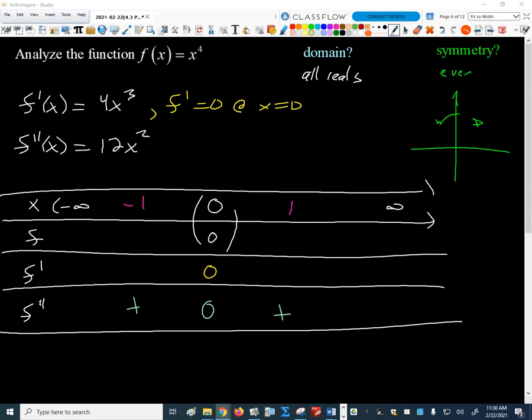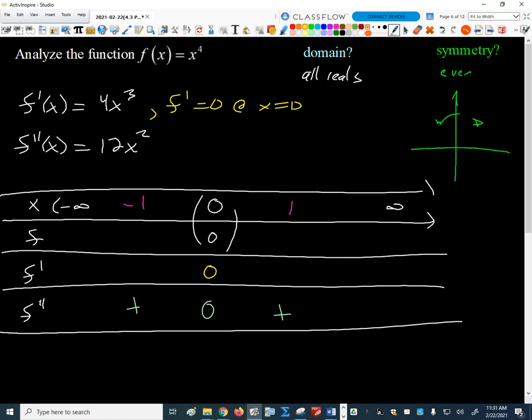You can't have an isolated point with no concavity, because concavity depends on the relationship of the function at x equals 0 to its neighboring points. And if it's concave up every place else, then it's concave up there also, right? Okay, just to prove that, let's look at the first derivative.